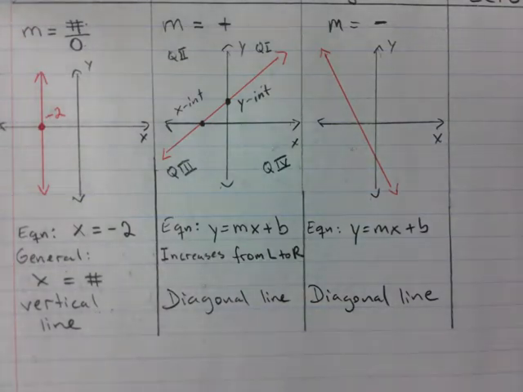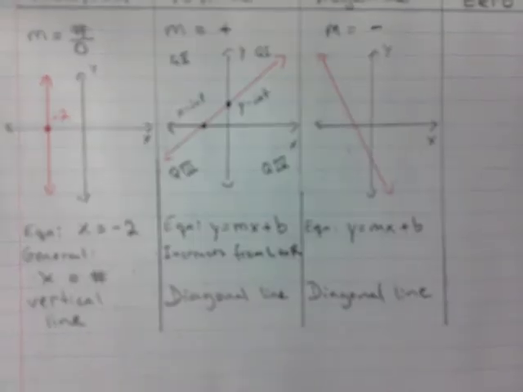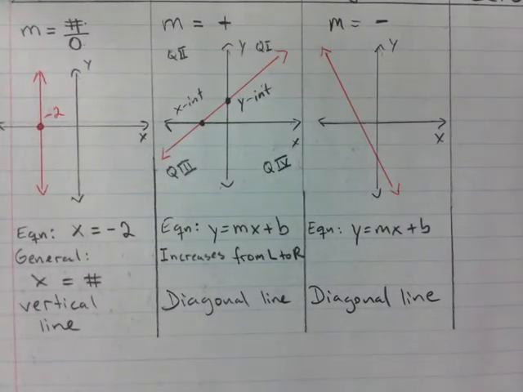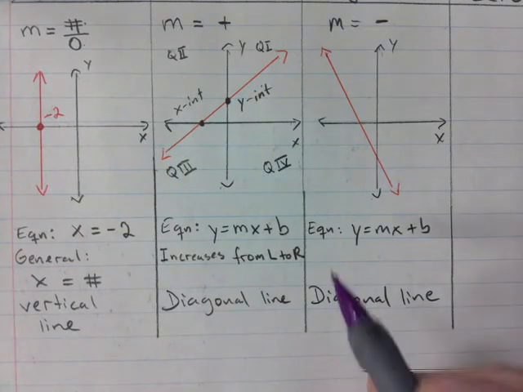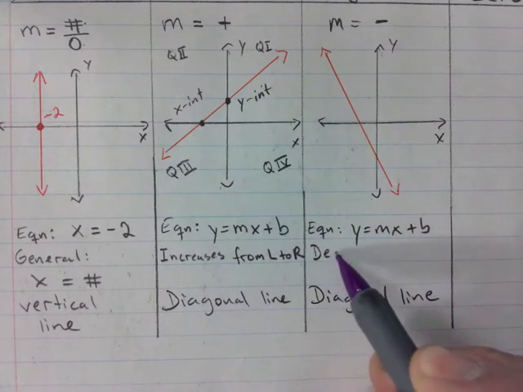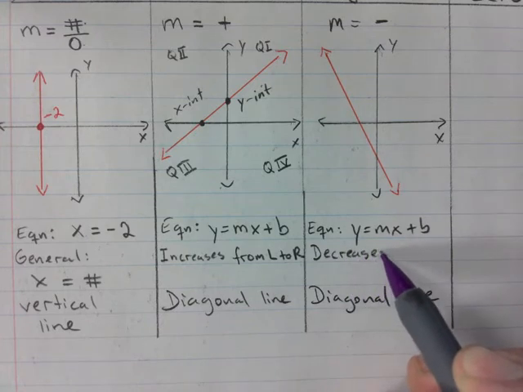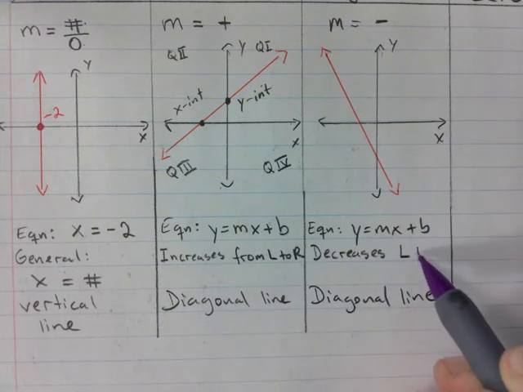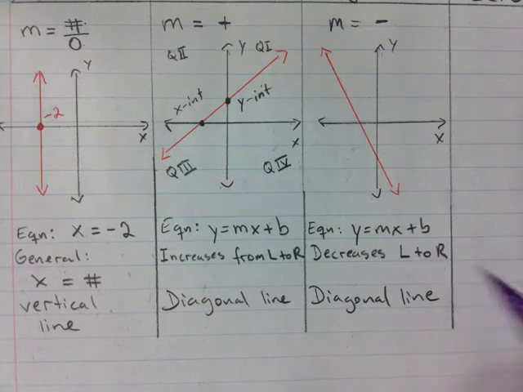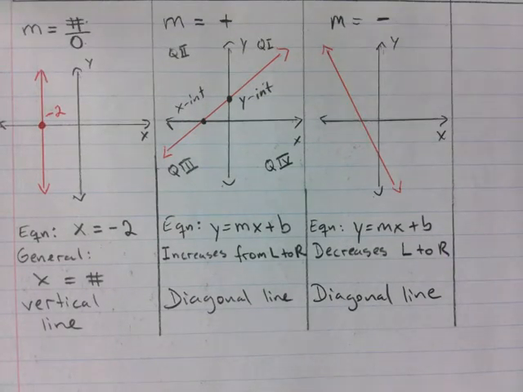Let me just focus one more time. Hold on. When I zoom in like that, it doesn't always. There. It increases from left to right, and this one decreases left to right. So if you look at the line from left to right and it's going down, it's going to have a negative slope regardless of what you're doing. It's going to be negative. That's your expectation.